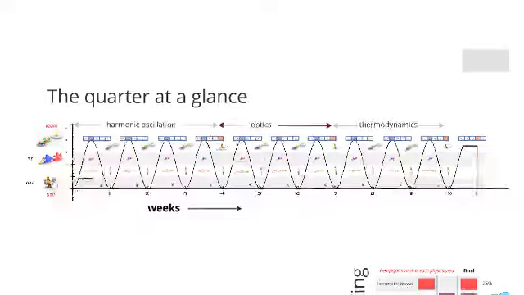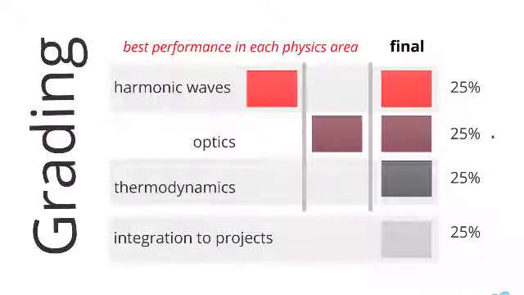Now, what about the grading? There will be 4 parts to your grade, in equal parts. 25% counts for a quest to integrate your project somehow, perhaps through some sort of experimental data gathering that relates to physics. This will become more clear later in the quarter. Then 25% for each of the 3 areas in physics, and you'll have 2 opportunities to demonstrate that you understand it.